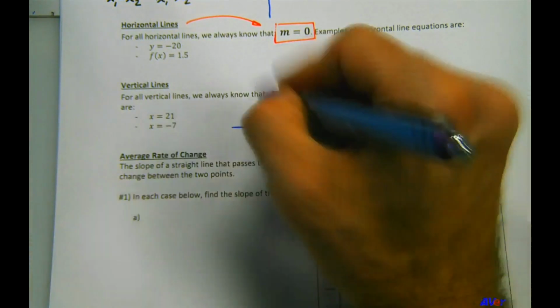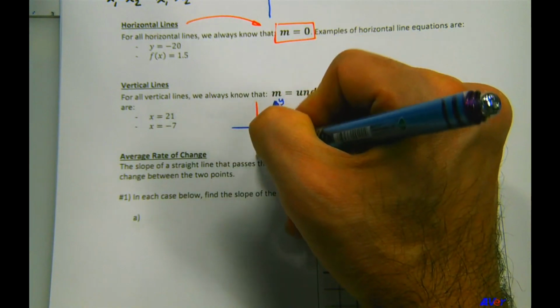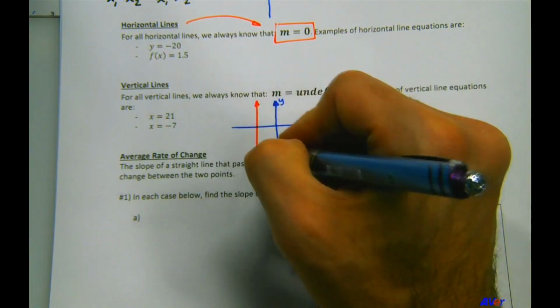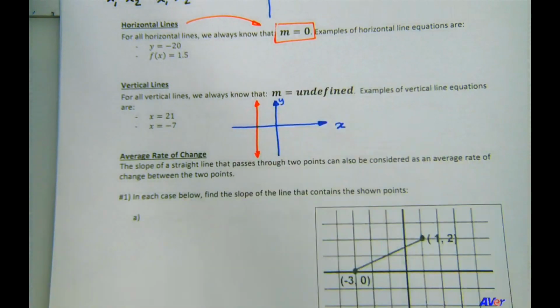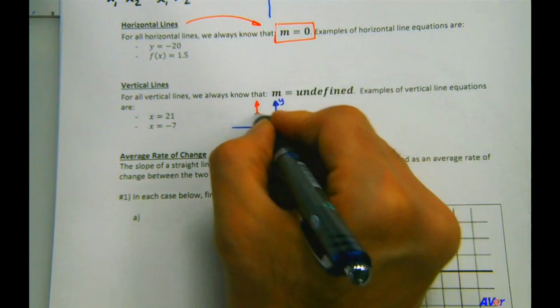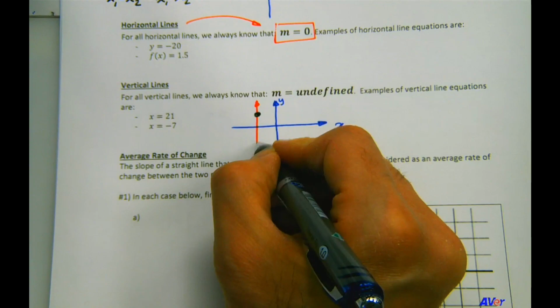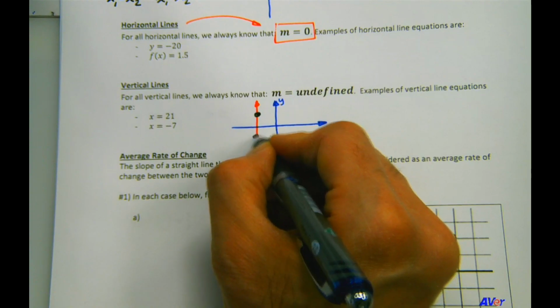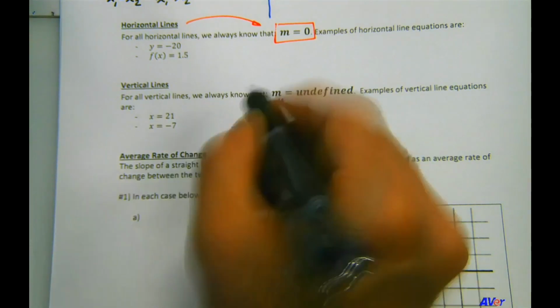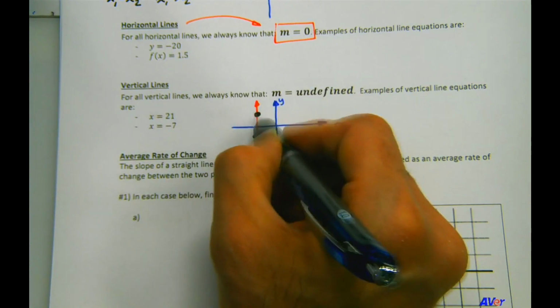So suppose we have this vertical line like that, right? And suppose we are given 2 points on this vertical line, one here and maybe one here. Let's label the coordinates for these 2 points.